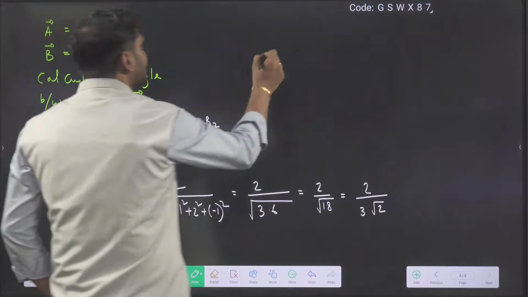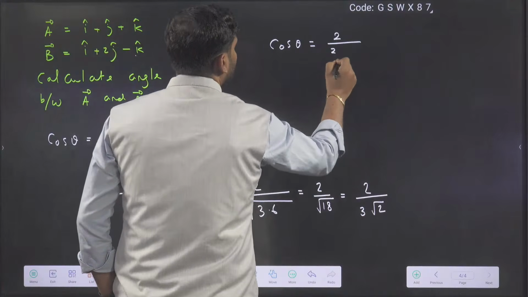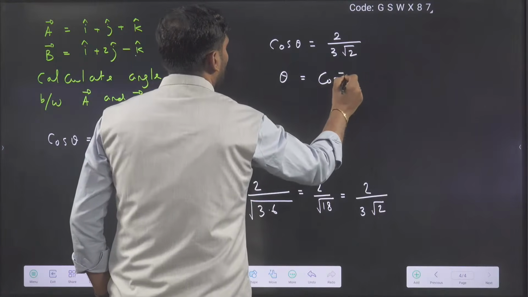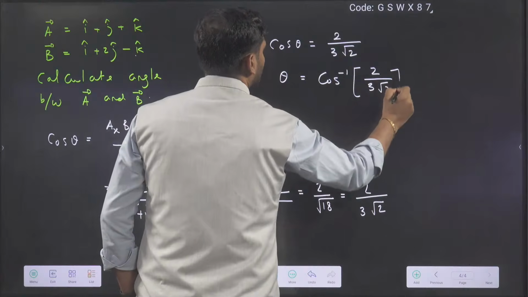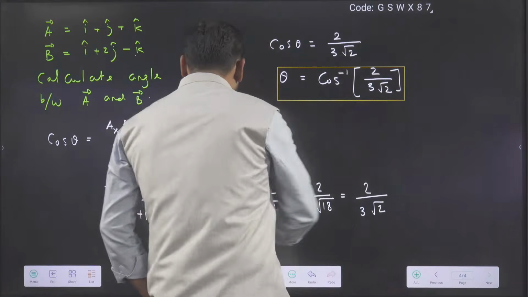So cos theta is equal to 2 by 3 root 2. So theta is equal to cos inverse of 2 by 3 root 2. This is how we calculate the angle between two vectors.